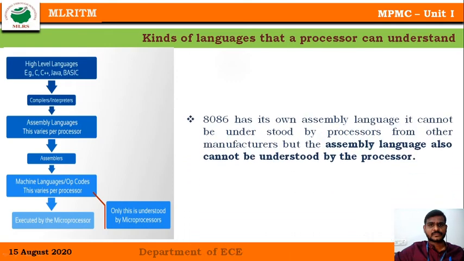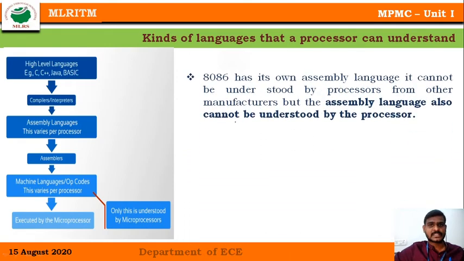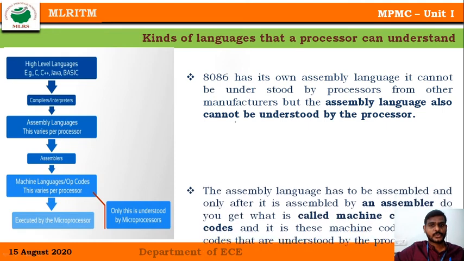As I said, assembly level language is processor specific, so the 8086 has its own assembly language. It cannot be understood by processors from other manufacturers. But assembly level language also can't be understood directly by the processor. So what do we need to do?